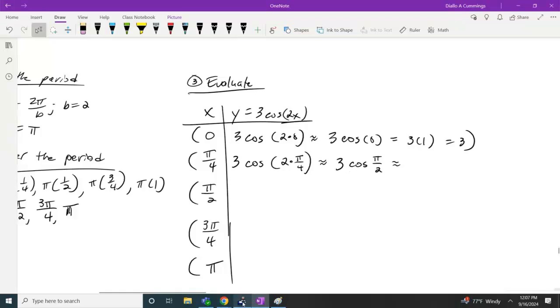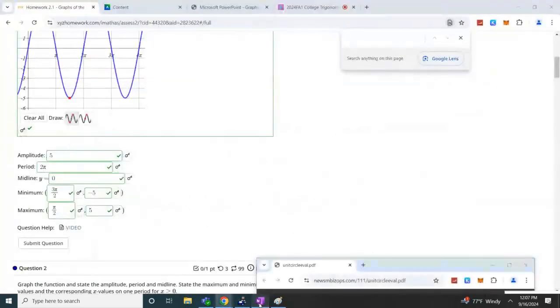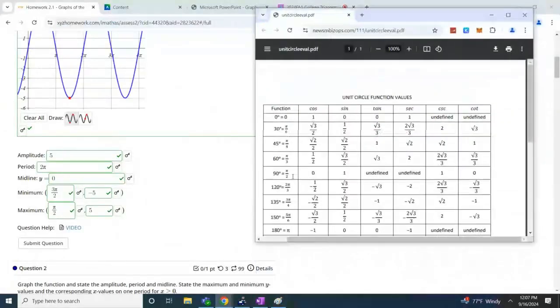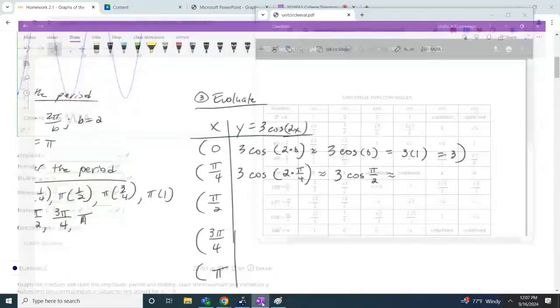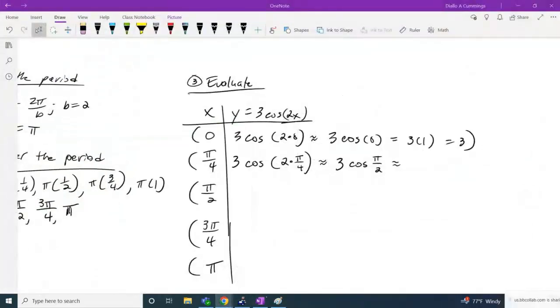What is the cosine of pi over 2? Well, if I look back at the function values chart, pi over 2 is 90 degrees. The cosine is 0. So this is 3 times 0, which is 0. So that next ordered pair point is pi over 4, 0.